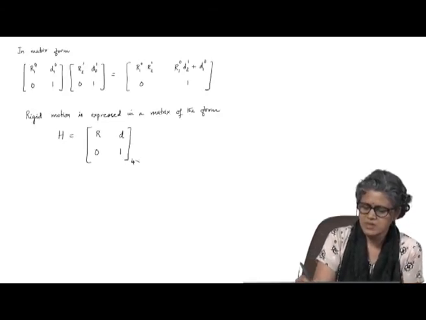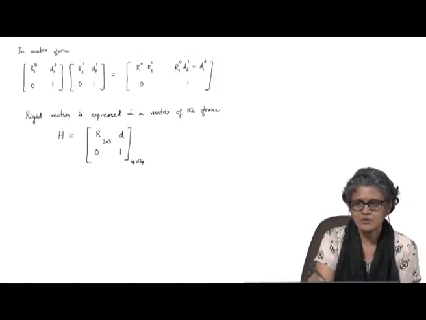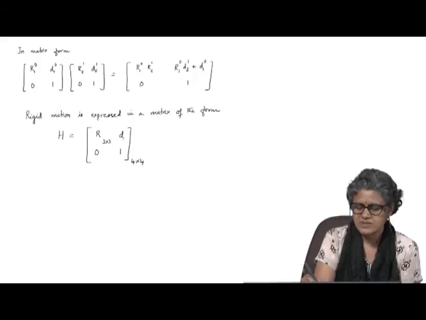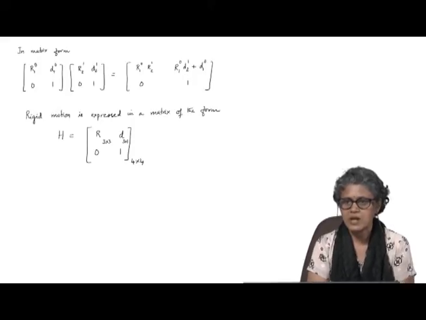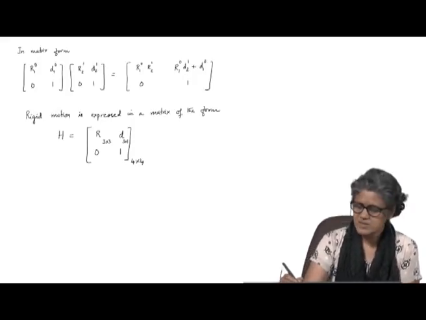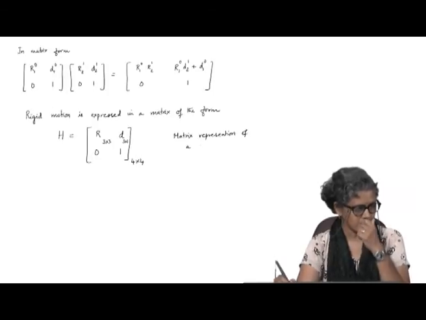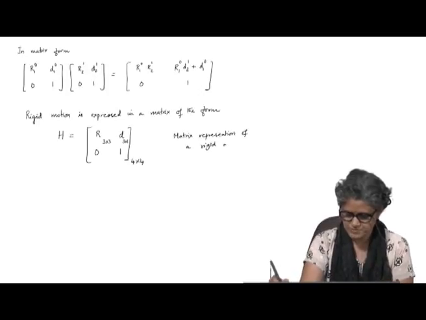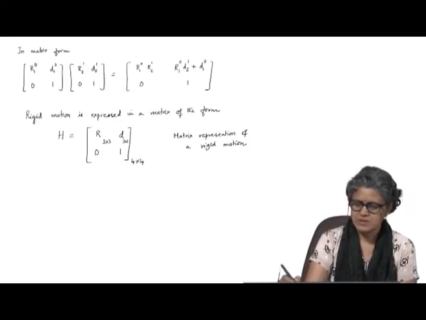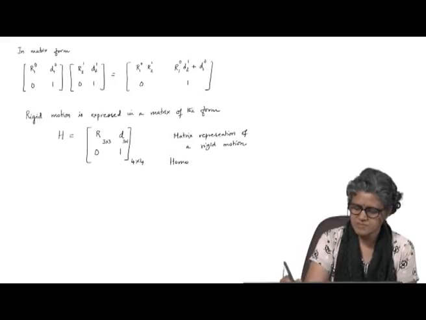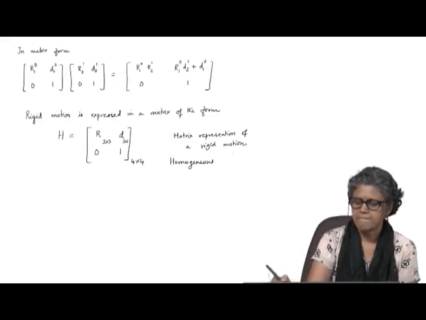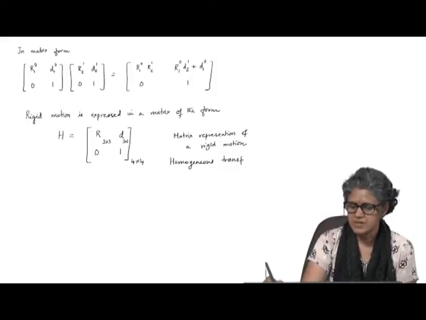So, this will be a 4 by 4 matrix. This is a 3 by 3, the rotation matrix. This vector is a 3 by 1. Okay. This is the matrix representation of a rigid motion. It is called the homogeneous transformation matrix.